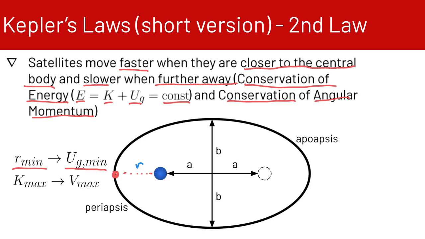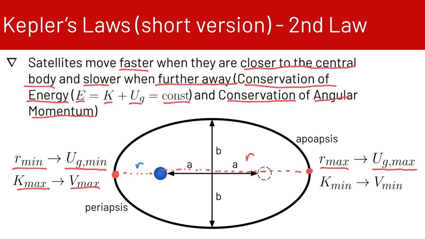But the kinetic energy is a maximum, and the velocity, therefore, is a maximum. On the other hand, out here at apoapsis, the radius is a maximum. If we were to draw the radius out here, it would be this whole distance here. So that's the radius. And the gravitational potential is a maximum, but the kinetic energy is a minimum, and therefore the velocity is a minimum.